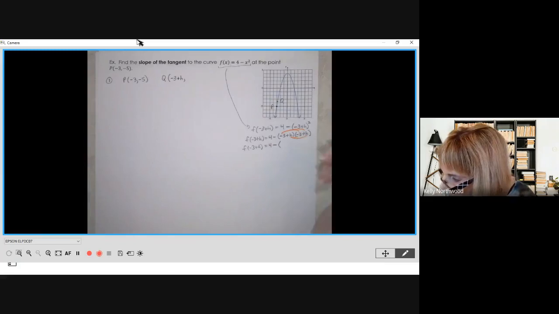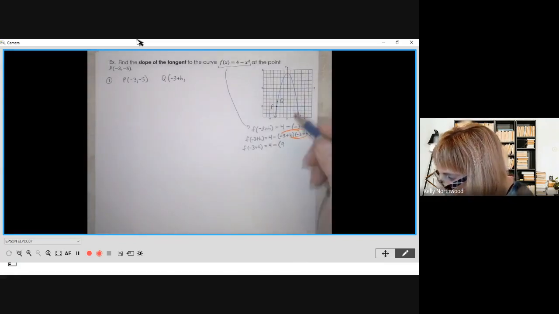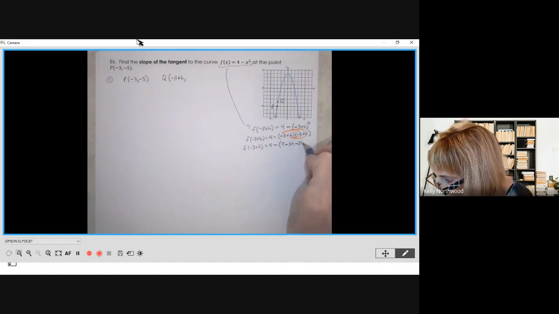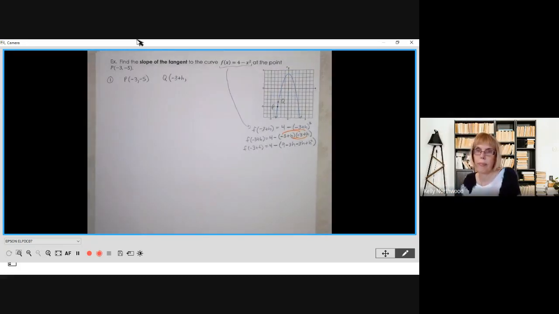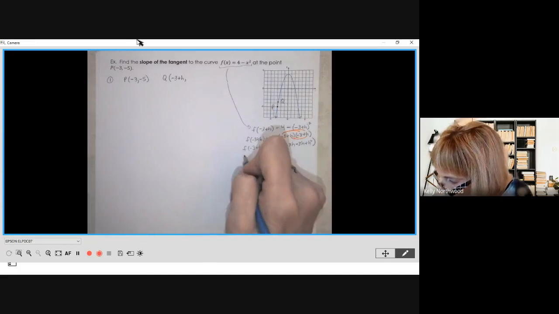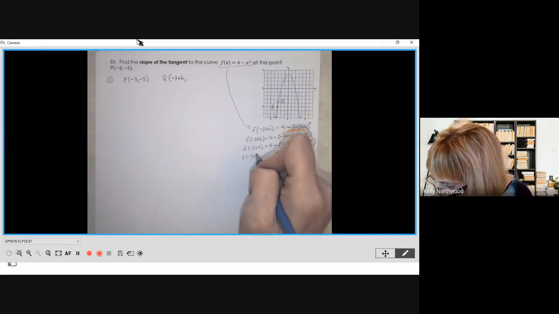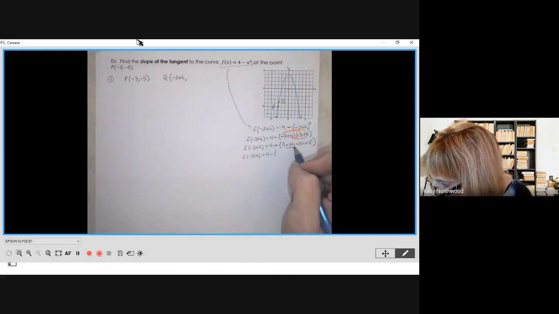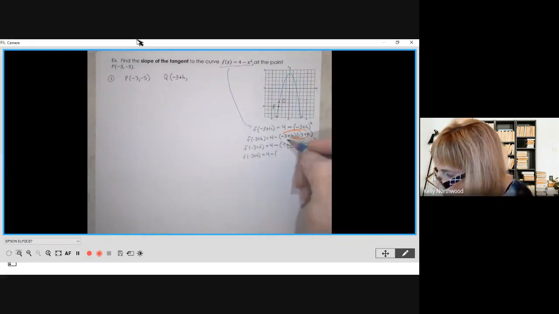So -3 times -3 is 9. -3 times positive h is -3h. h times -3 is -3h. h times h is positive h squared. And now I can simplify a bit more inside the brackets if I want to first, because these are like terms that I can combine.